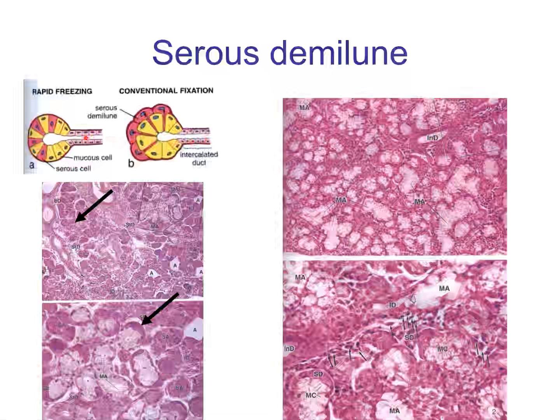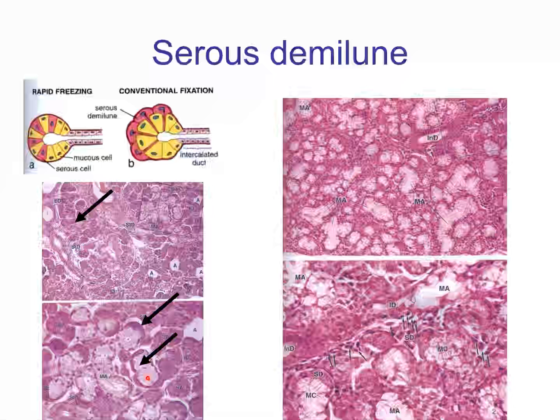Intercalated duct is visible, and these white areas or unstained areas are the mucous acinus. There are multiple acini. Here also you can see the mucous acinus, and some ducts are there. In the higher power it is better visible.